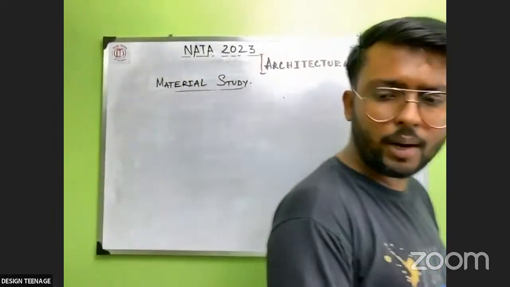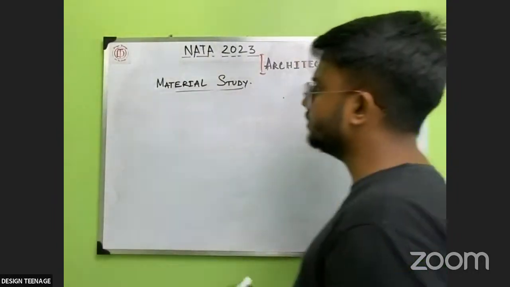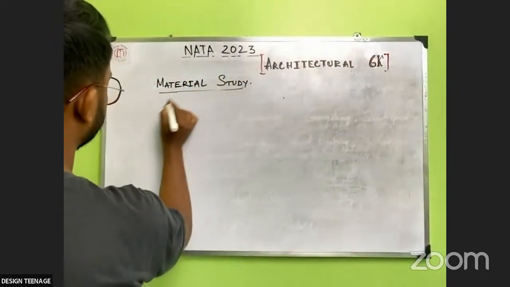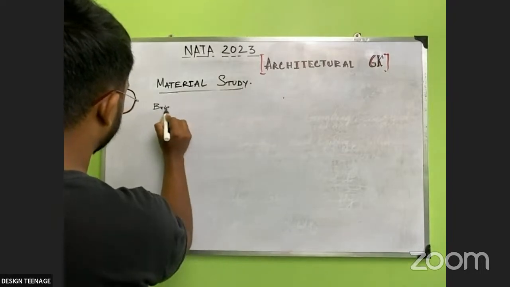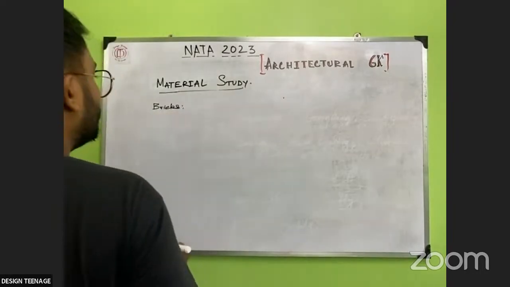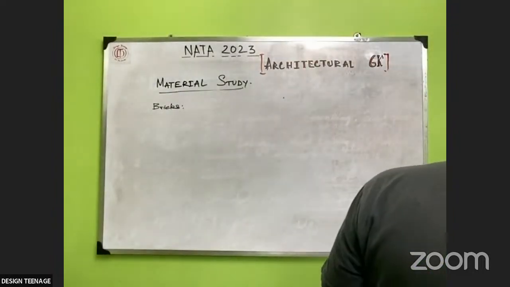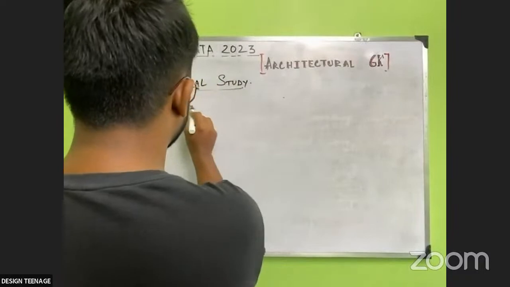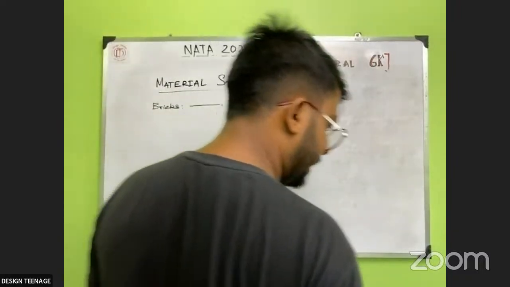The next material which we have is bricks. We need to know the uses of bricks. So let's proceed ahead with our next material. Our next material is bricks. Now when I'm talking about bricks, we need to know the constituents of bricks. First is alumina.